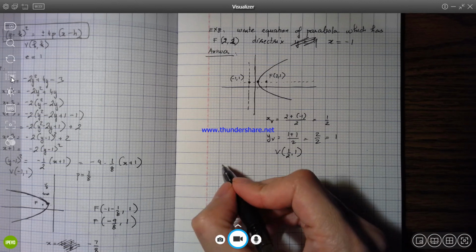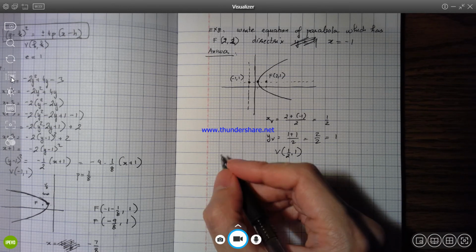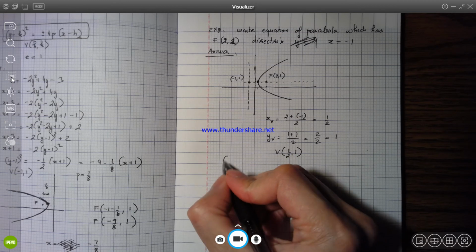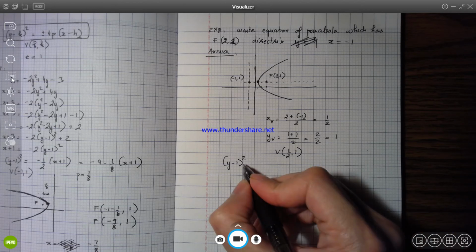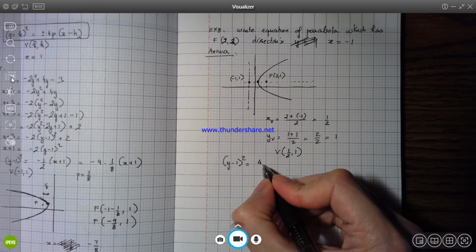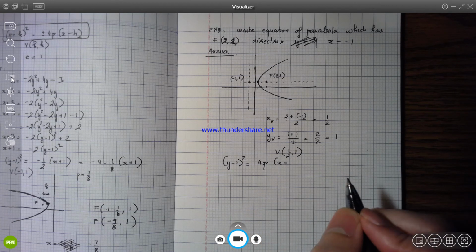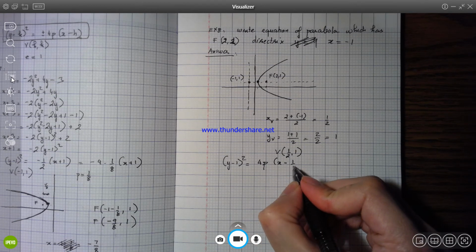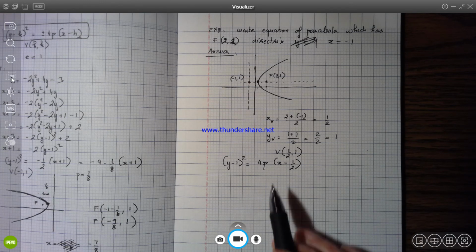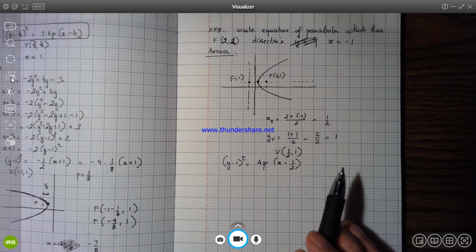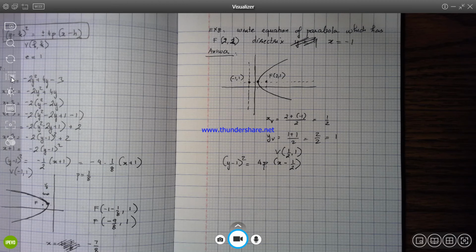Then my equation will be (y minus 1) squared equal to 4p times (x minus 1/2). Our job is to find p.